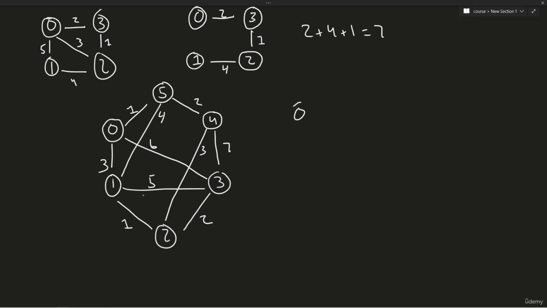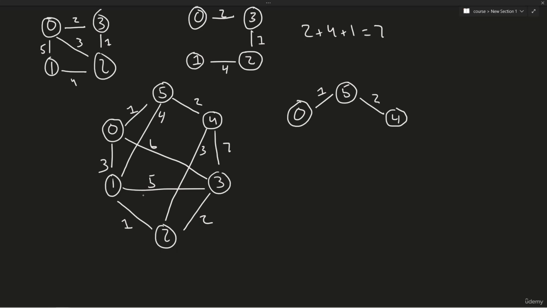So we'll start at vertex 0 again, and we see that we can go two different directions. We can go to either vertex 5 or 1, and we'll go with vertex 5 because it has a weight of 1. From 5 we can go to 4, or we can go to 1, and again we'll choose 4 because we have the lower weight on that edge.